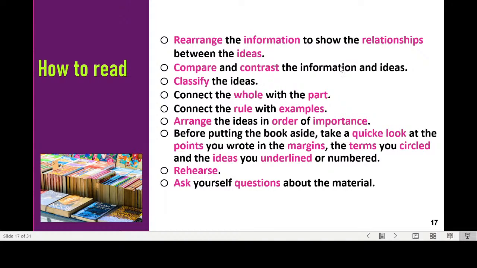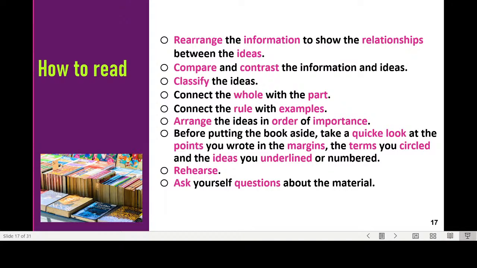Another thing that's important, you have to rearrange the information and find relationships among ideas. It's good to compare ideas. Put ideas that are the same together, the ones that are different together. Classify ideas.